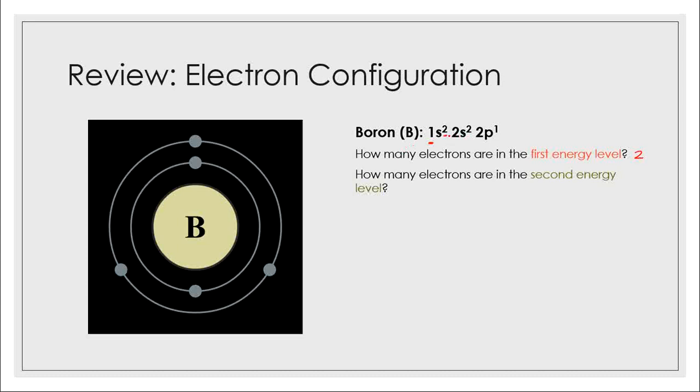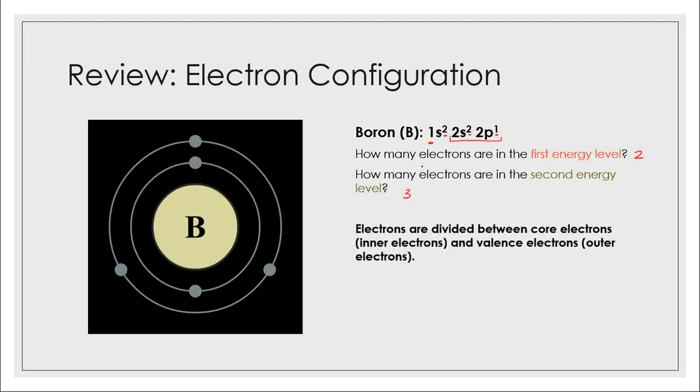So if you take a look, all of this is the second energy level. So we're looking at the exponents 2 and 1. 2 plus 1 is equal to 3 total electrons in the second energy level. So the electrons are divided between core electrons, which are the inner electrons, and the valence electrons, which are the outer electrons.